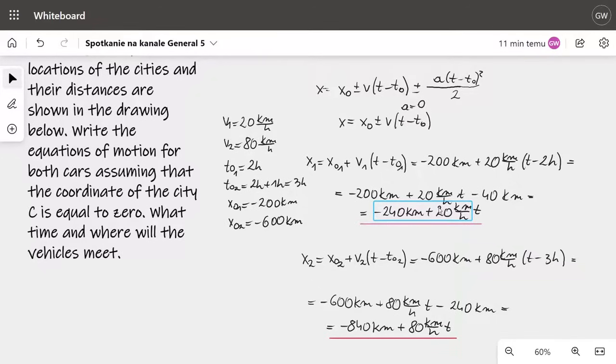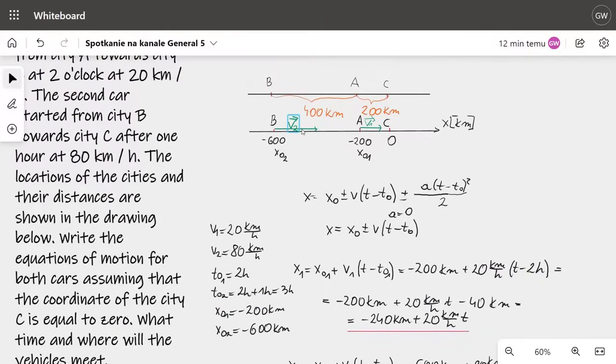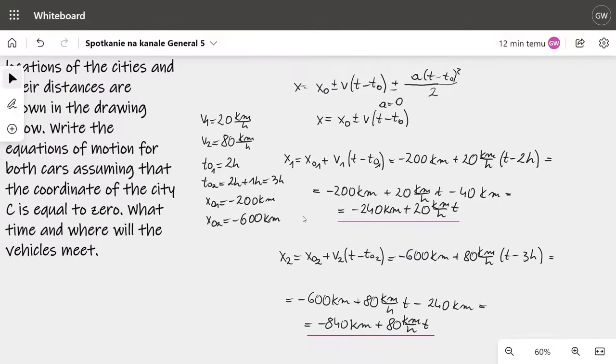We do the same for second car. Here is plus, because velocity vector v2 is directed the same as x-axis. You can see it here, v2 and x-axis. We put data to this equation, and here we have final equation of motion for second car.